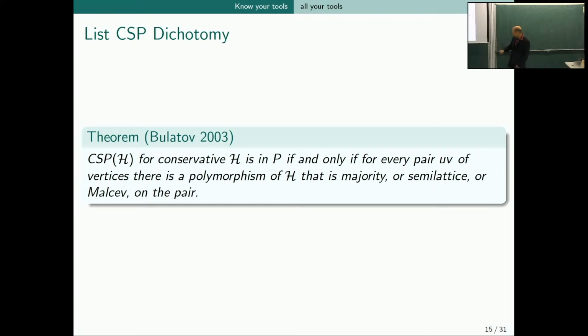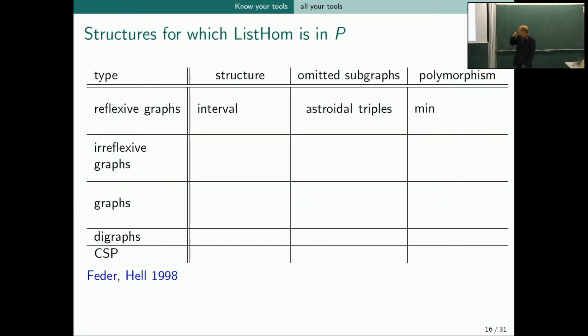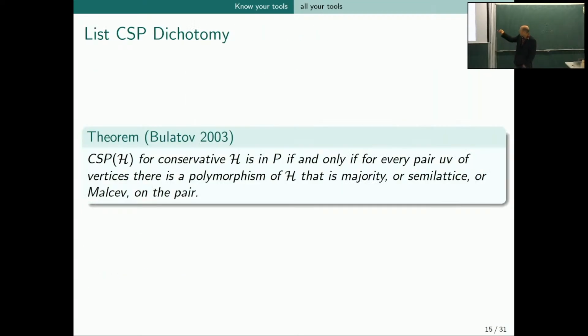In 2015, it was shown that his condition was recognizable in polynomial time. So it's a nice characterization in that it's polynomial time recognizable, whereas WNU in general is not polynomial time recognizable.